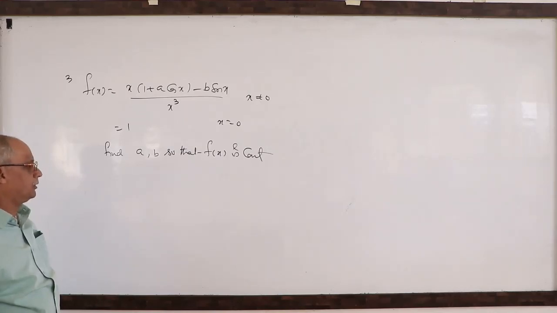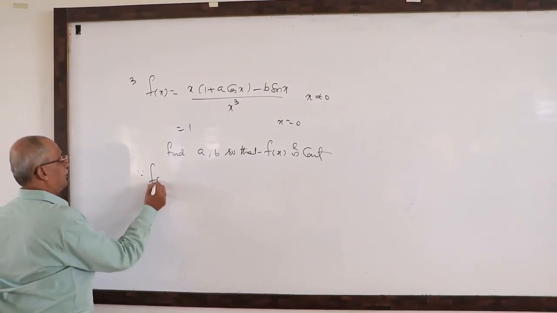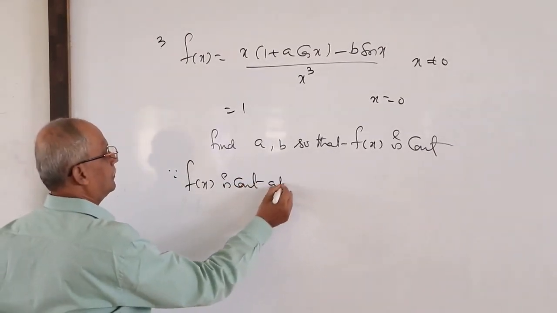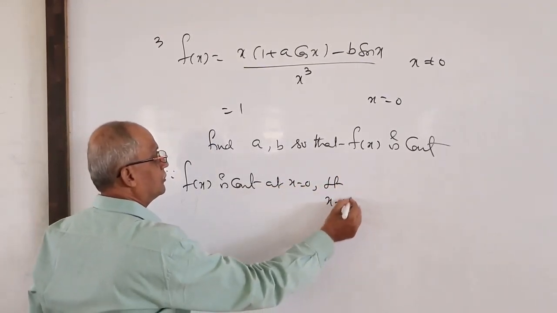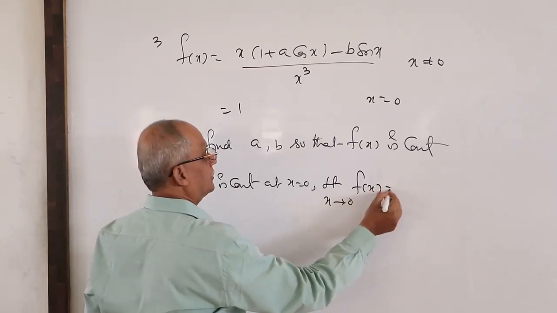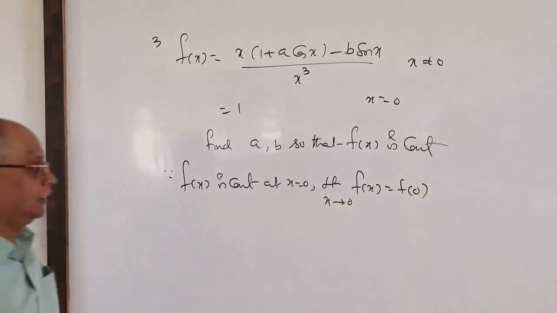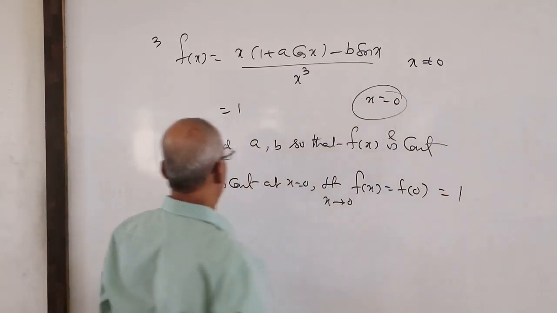Given that it is continuous, since f of x is continuous at 0, therefore limit x tends to 0, f of x is equal to f of 0. What is the f of 0 value given? 1.